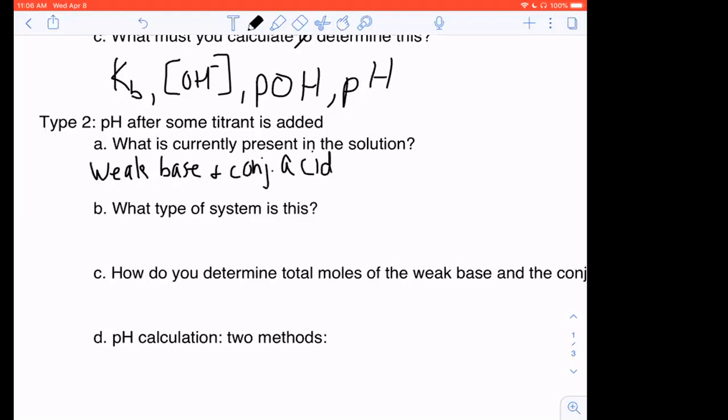And I'll go over again later, when we're doing the practice problems, how you can do this. But basically, for every 1 mole of strong acid added, you're going to convert 1 mole of base to 1 mole of its acid.